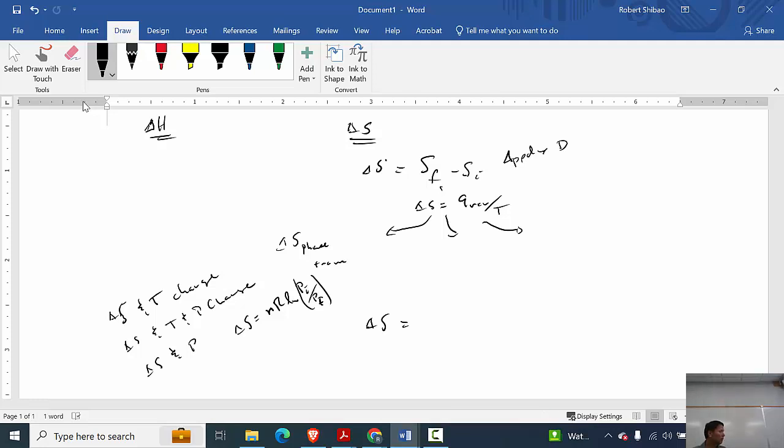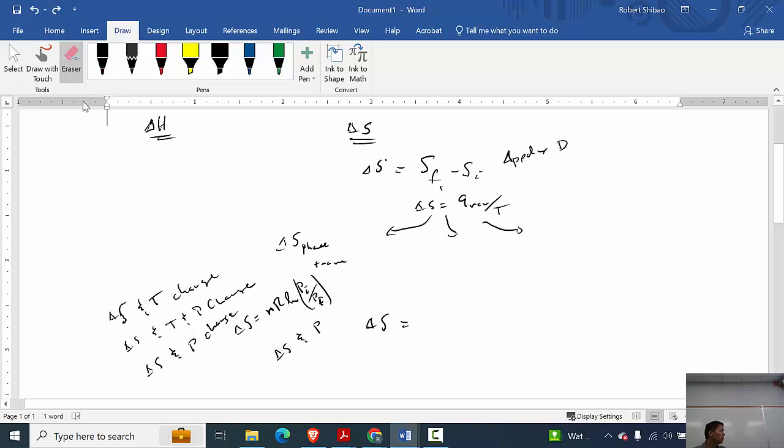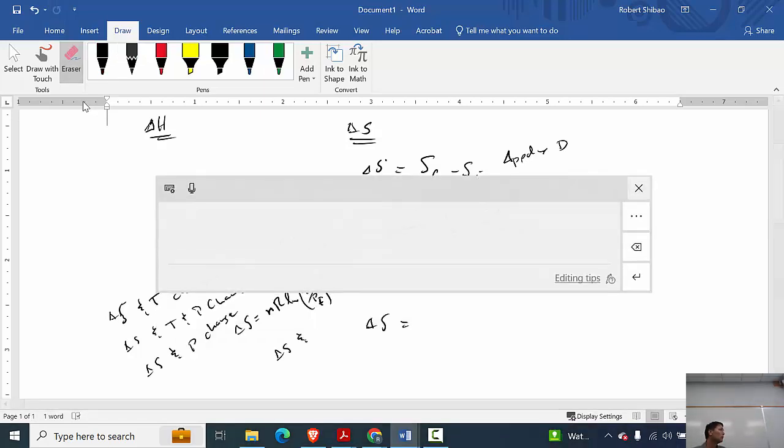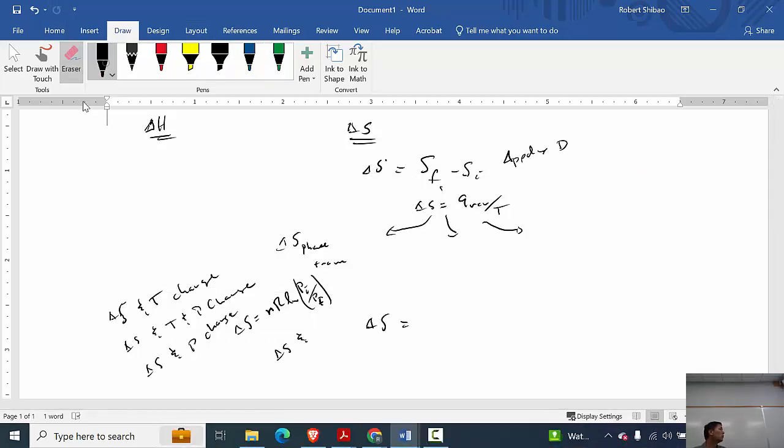Now, we're going to come up with one other equation, delta S for a volume change. We keep everything else constant. So it's just going to be the same thing.